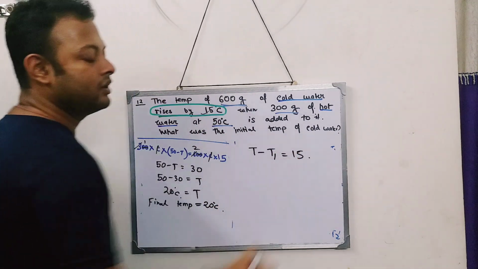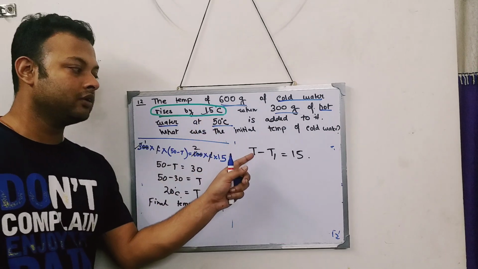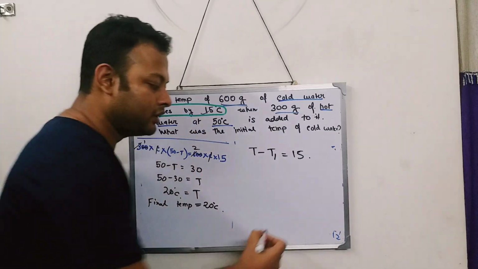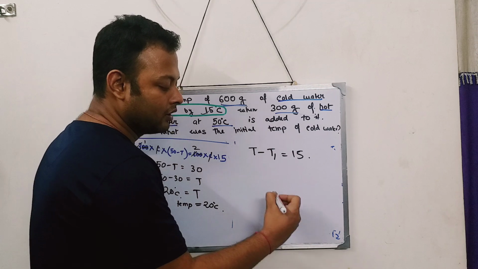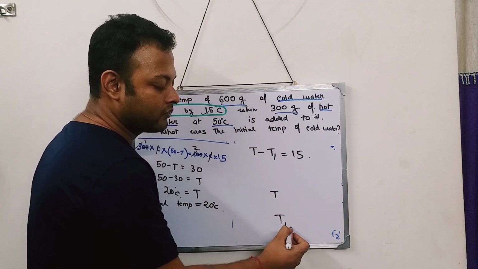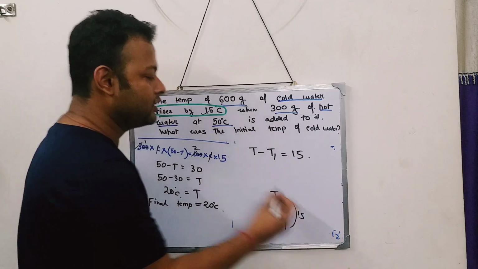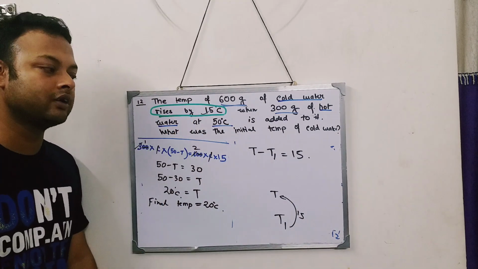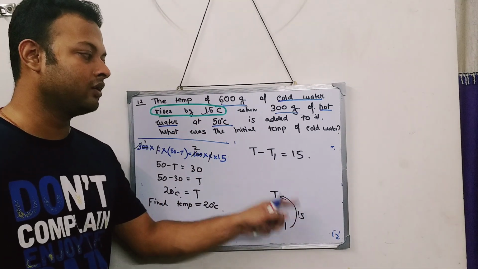So we know this because in the question for the cold water, initially the temperature was T1 and this is T. So it rose from this to this, and this rise was given as 15 degrees. So T minus T1 is equal to 15.